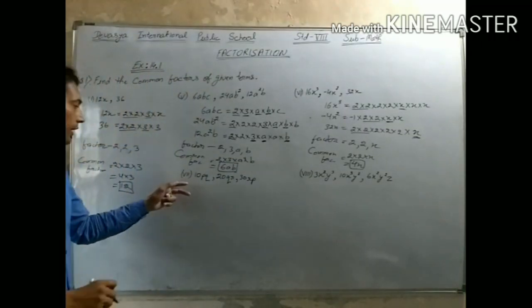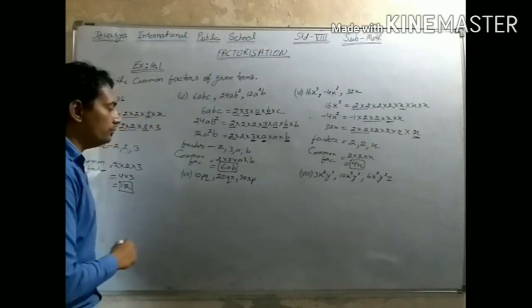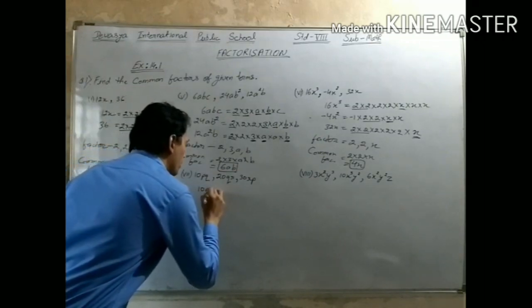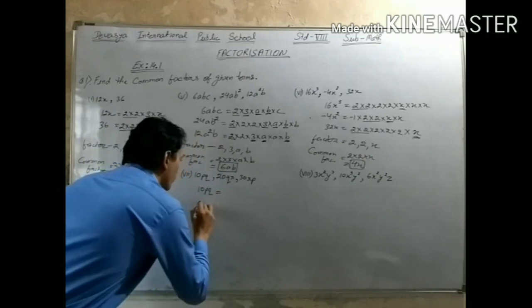Let's proceed. Let's come to the seventh sum. We again have three different terms. Let's first bring them into irreducible form.